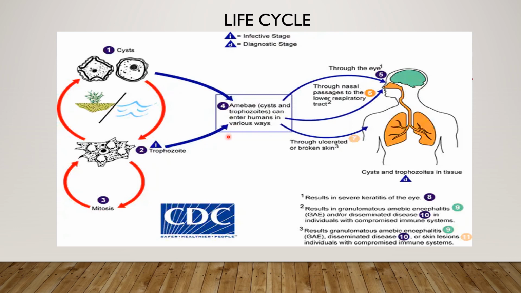Now, the trophozoite enters humans in various ways: through the eyes, through the nasal passages to the lower respiratory tract, and through ulcerated or broken skin. Once this happens, the cysts and trophozoites are in the tissue, and that is what we call the diagnostic stage. Most probably, if it enters the eye, you will be diagnosed with Acanthamoeba keratitis, which is an eye disorder or infection.